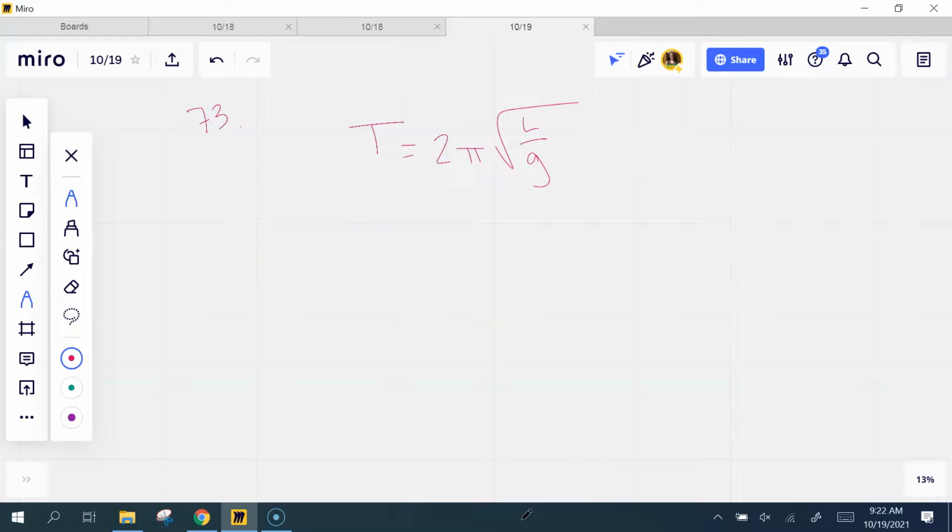All right, so this says for oscillations of small amplitude, we may safely model the relationship between the period T and the length L of a simple pendulum with the equation, where g is a constant of acceleration of gravity at the pendulum's location.